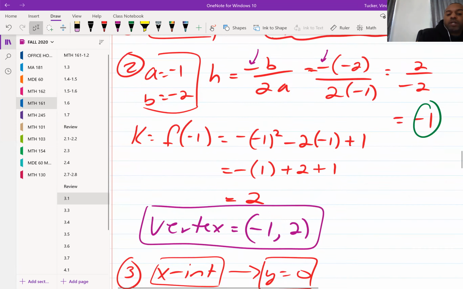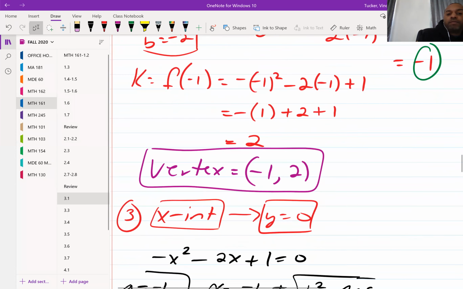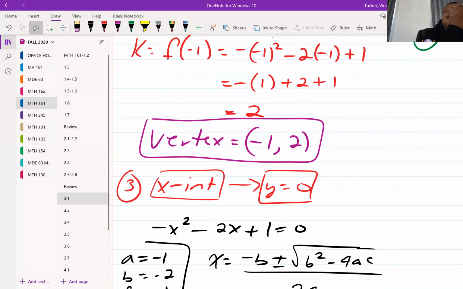All right. Step 3, find your x-intercepts. Let y be equal to 0. So that's what we did here: negative x squared minus 2x plus 1 equal to 0.